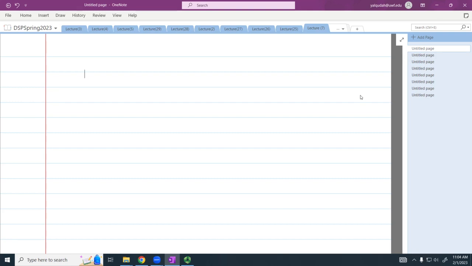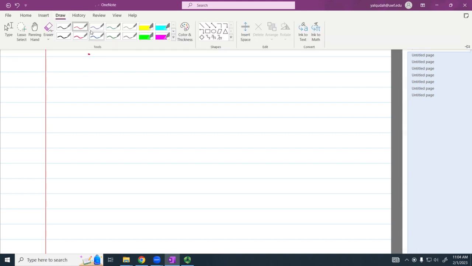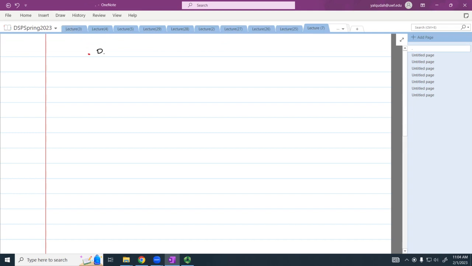The last thing we're going to be covering with the sampling, we're going to be looking at practical considerations. And then we're going to look at quantization.